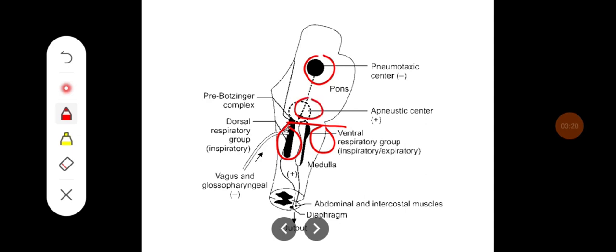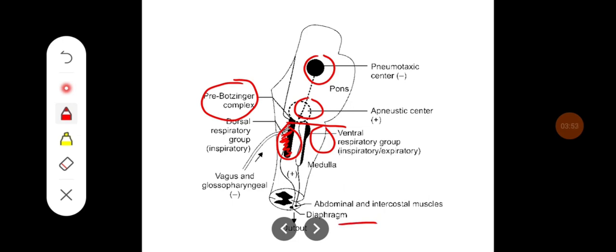And the important nucleus here is the dorsal respiratory group of neurons, which is influenced by the pre-Botzinger complexes. The impulses which are produced in the pre-Botzinger complex reach the dorsal respiratory group of neurons, and they are going to affect the anterior motor neurons, which supply the diaphragm and respiratory muscles.